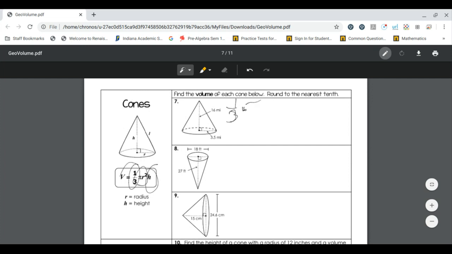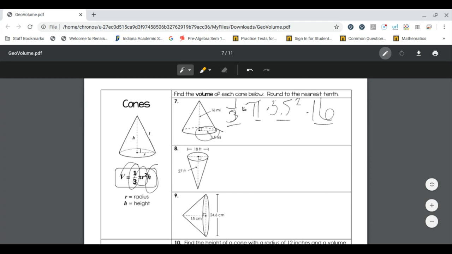So you can use 3.14. Now my radius is 3.5. So I'm going to have to square that. And then times it by the height. I really want you to see all of these written out. Your 1/3, your pi, your radius squared, and then your height. That way you don't forget what you're doing.